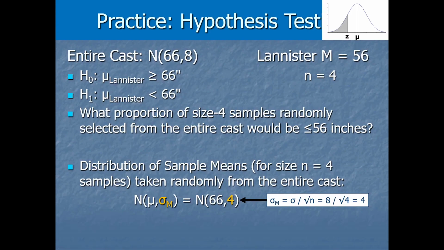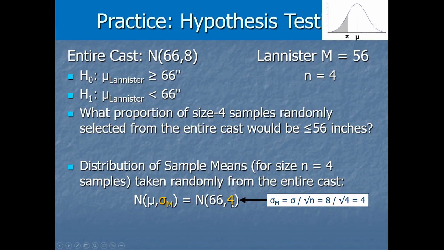So the square root of 4, our sample size, is 2, so we're going to divide 8 by 2, and that gives us 4, which means our little graph here is centered at 66 and has a standard deviation of 4.